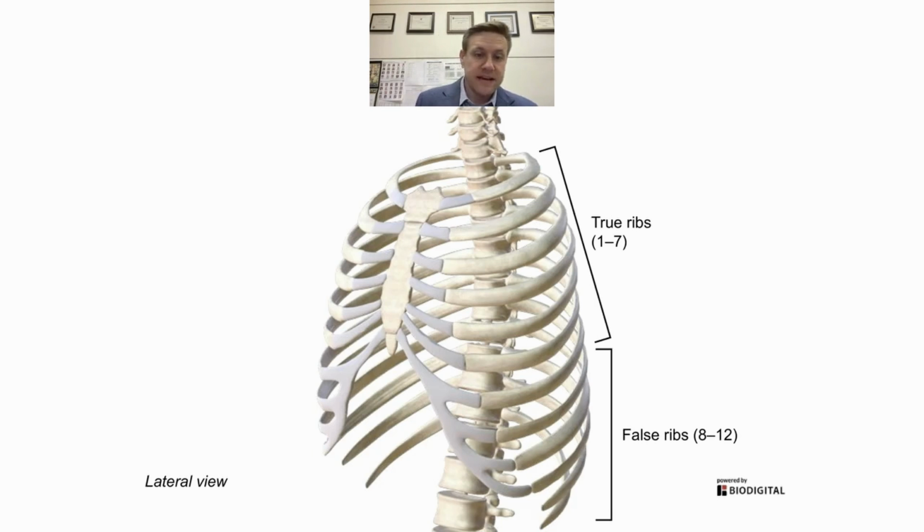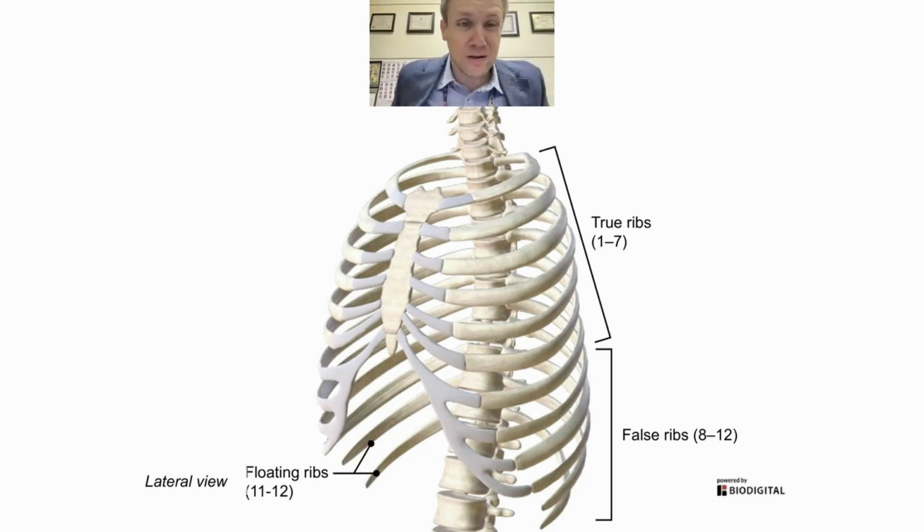So rib 9 is going to attach to a costal cartilage that attaches to the costal cartilage of rib 8, which in turn attaches to the costal cartilage of rib 7. So those ribs only indirectly attach to the sternum. And in particular, these last 2 way down here, ribs 11 and 12, don't attach to costal cartilage and therefore the sternum at all. So those are floating ribs, a subset of the false ribs.